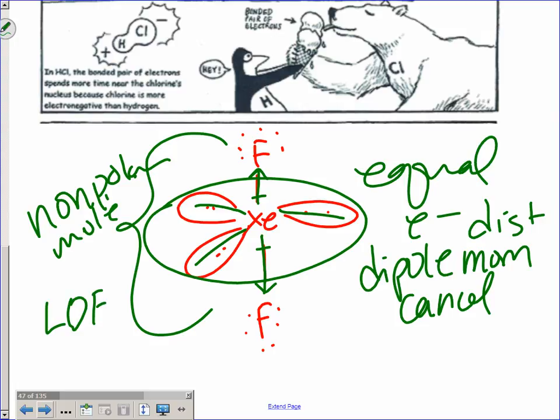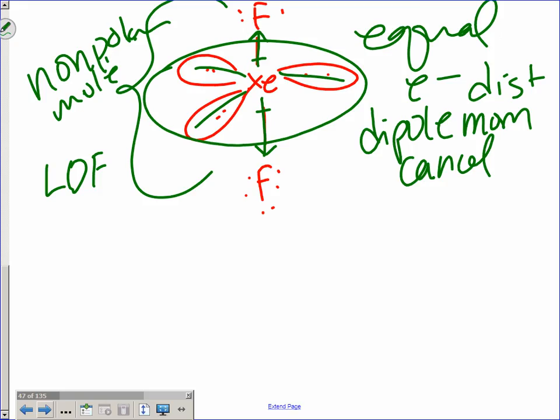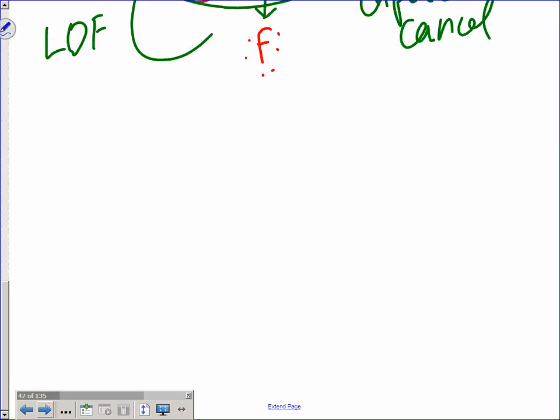All right, let me do one more, because you guys are going to have to do the rest of these, okay? Can I take a hard one off your plate? It's your choice. Okay, the BrF5 shape is a square pyramidal.